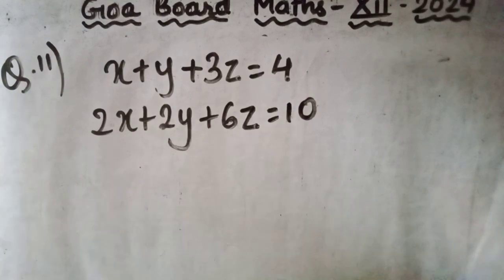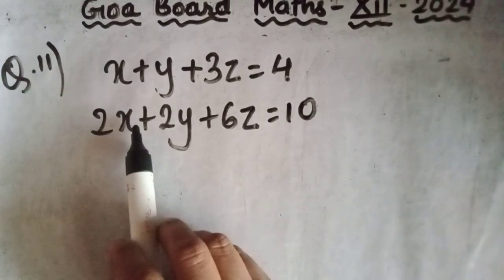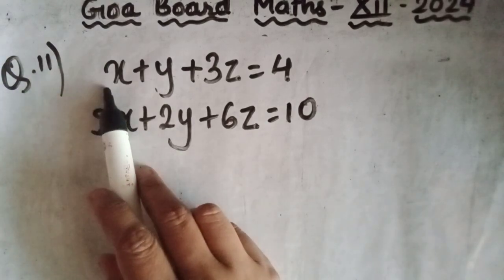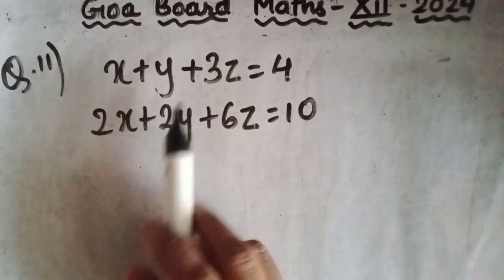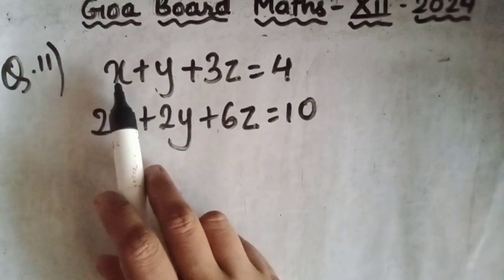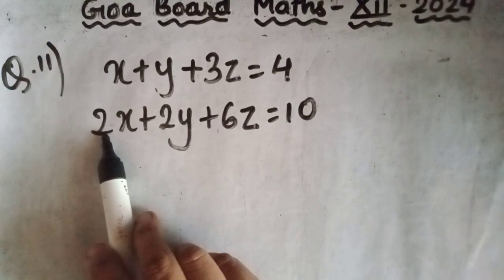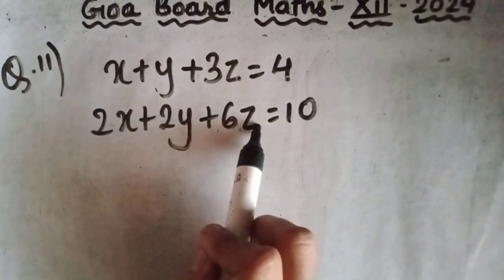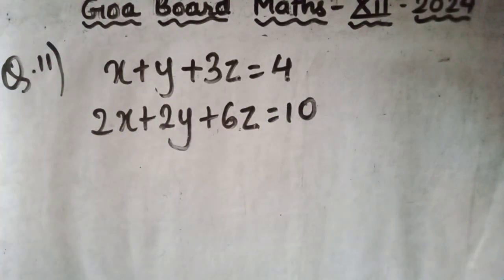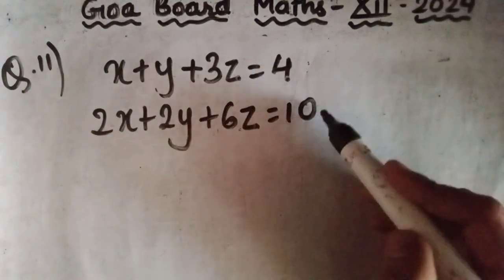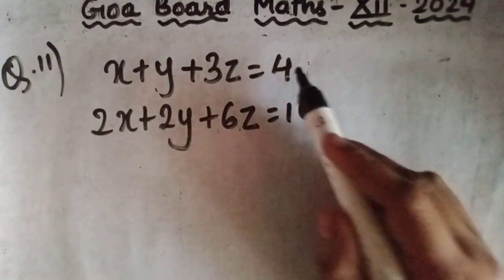Okay, now if you look at the two planes, you will find that this is a multiple of 2. If I multiply this by 2, I'll get 2x, 2y plus 6z. Okay, so here the only difference is of distance.